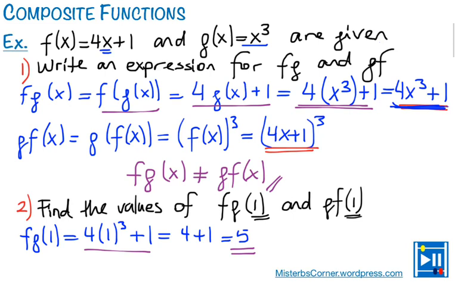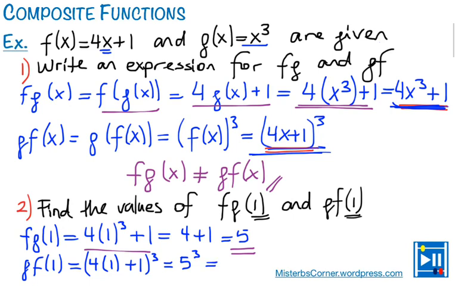Now let's calculate gf of 1. Well, we have the expression here. So it's going to be 4 times 1 plus 1 cubed. So this means it's 5 cubed, which will give me 125 as the answer.